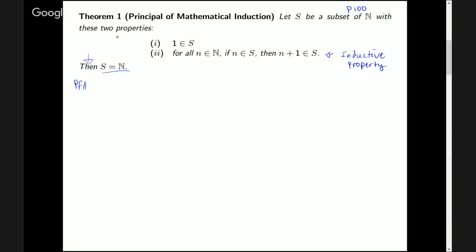So I assume everything before the then, and then what's after the then is what I'm trying to show. So the hypothesis is going to be, let S be a set contained in the naturals with property 1 and property 2 holding.